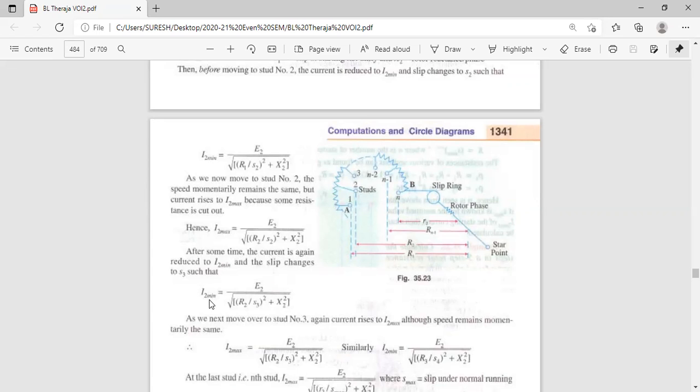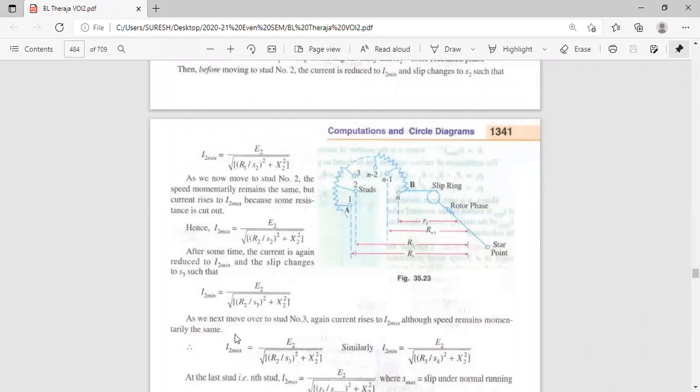Now at 3, it is minimum: E2 by the square root of R2 by S3 whole square plus X2 square, where the slip is S3. This minimum current becomes the maximum current when the switch is moved to position 3, and the minimum is at 4. So the minimum current is the maximum current.